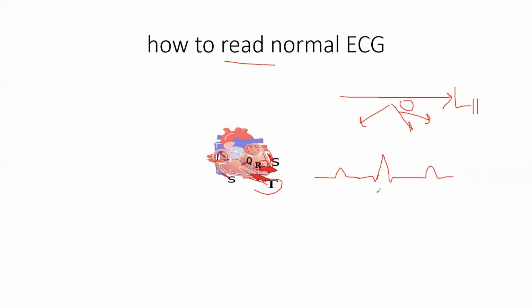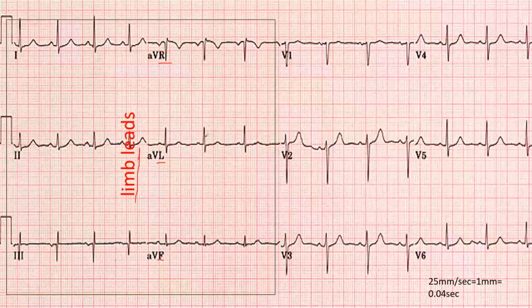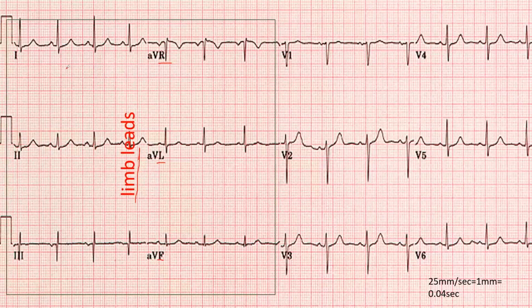And this is now showing QRST, QRST, QRST. You can do this for all of these leads.